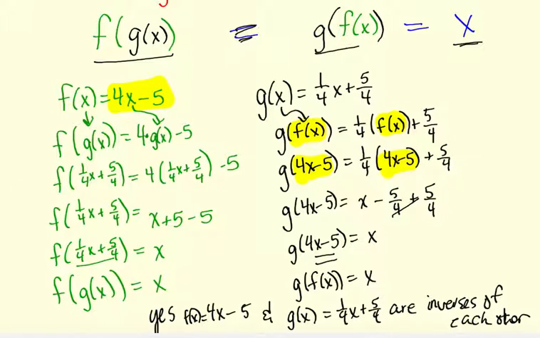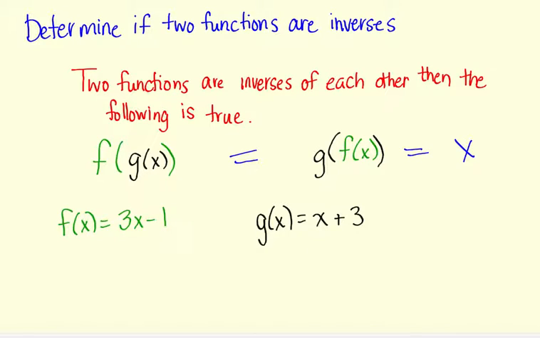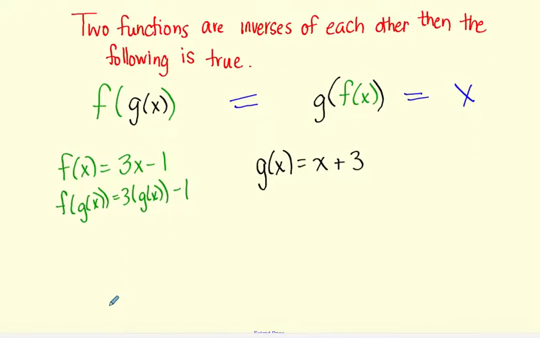Okay. All right, let's try the next one. So this right here, again, we're going to replace it with g of x. If I replace this x with g of x, I do the same with this one. And then it's a substitution problem.